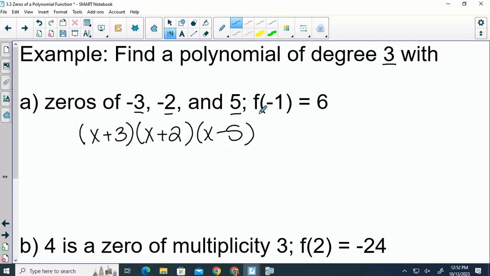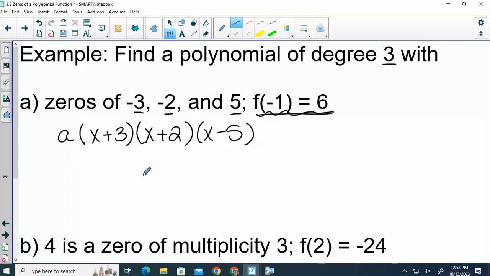Okay. The second requirement, f of negative 1 equals 6. What does that tell me? We have to get 6 out. If I put in negative 1 right now, we have 2 times 1 times negative 6. Does it work? No. We know the degree is 3, so we can't have any more x's in here. The only other thing we could have is some kind of coefficient in front. Maybe we had a greatest common factor that came out. So we need to find that number.